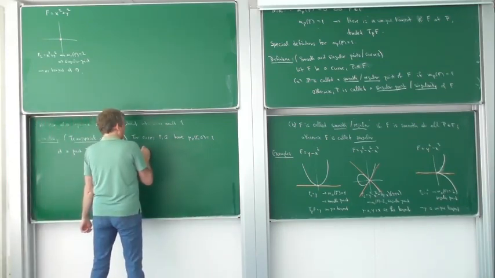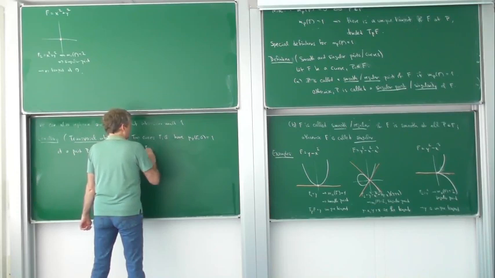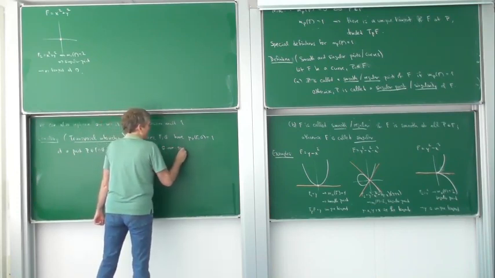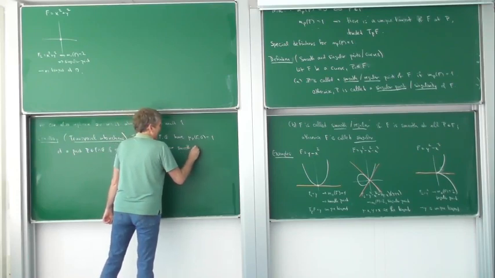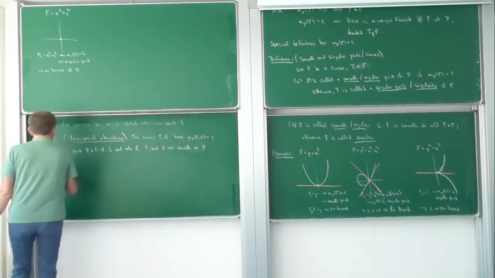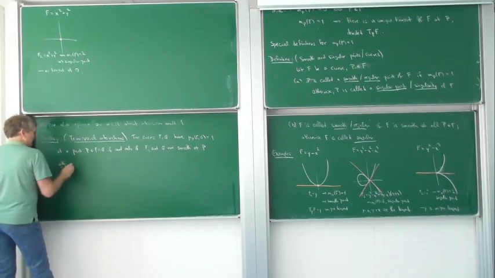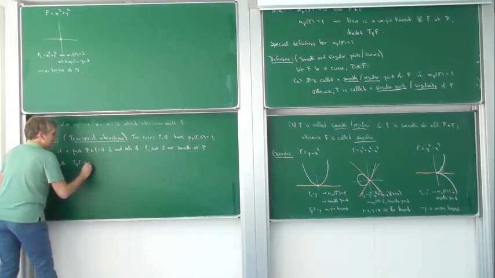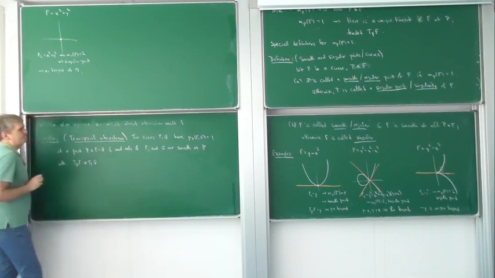So that means if and only if F and G are smooth at P, with TPF not equal to TPG, so with different tangents.